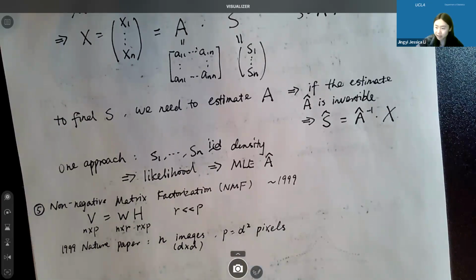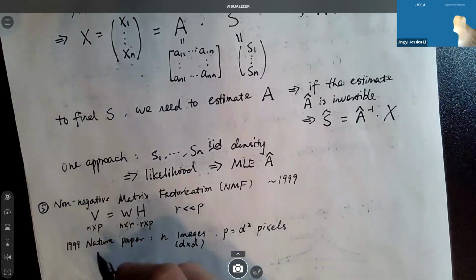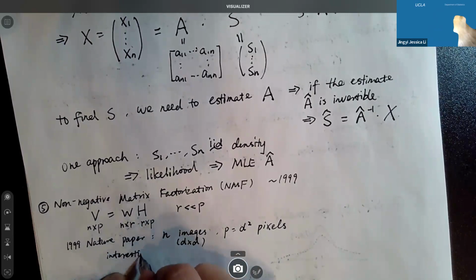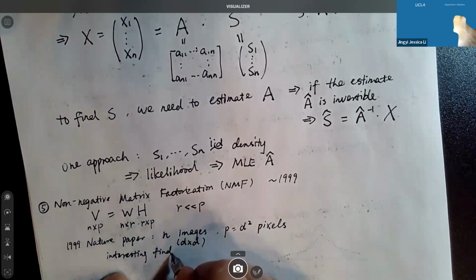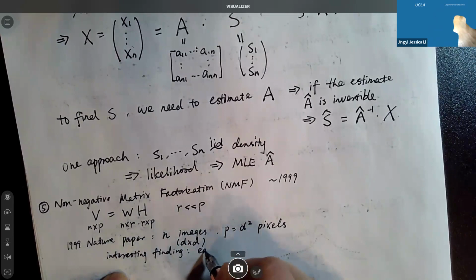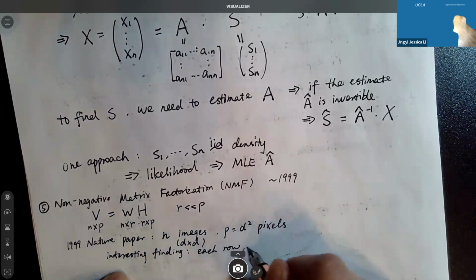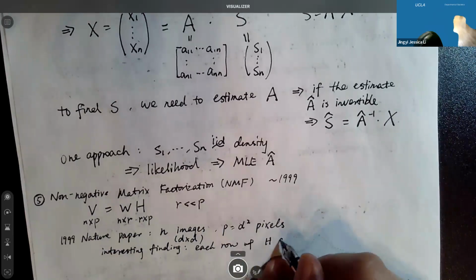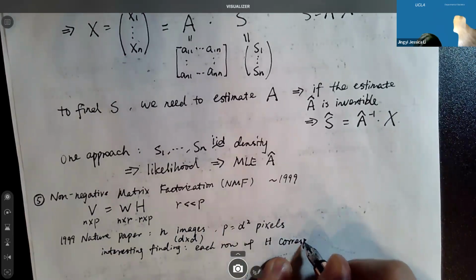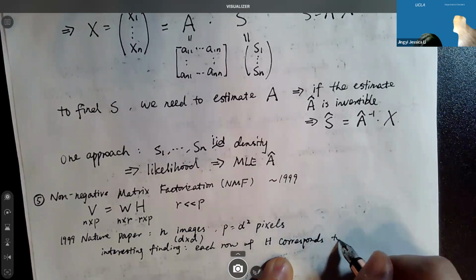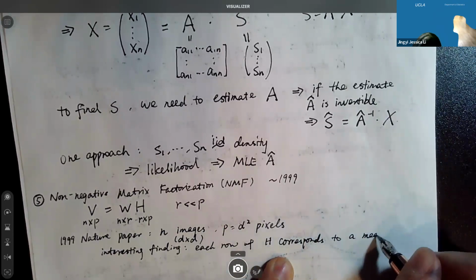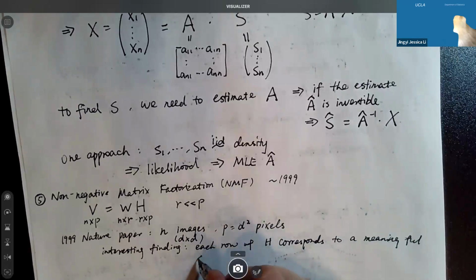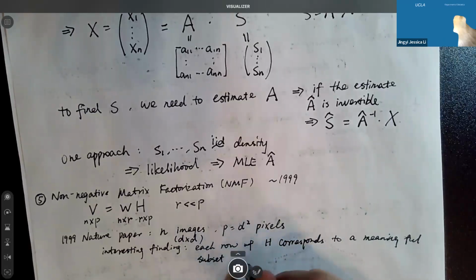So what I find interesting is that each row of H corresponds to a meaningful subset of pixels.